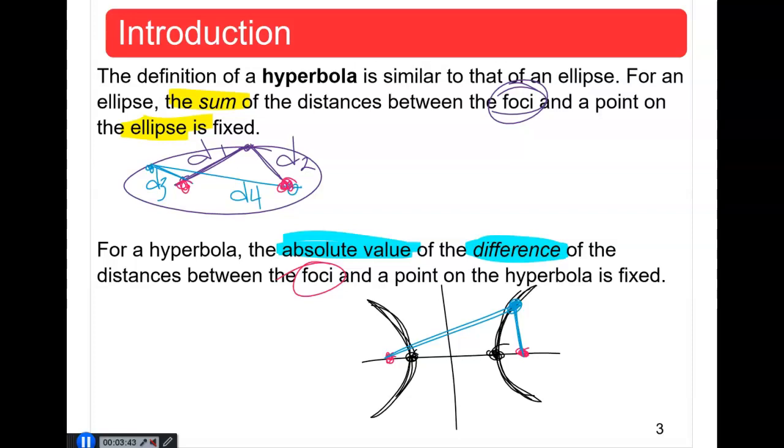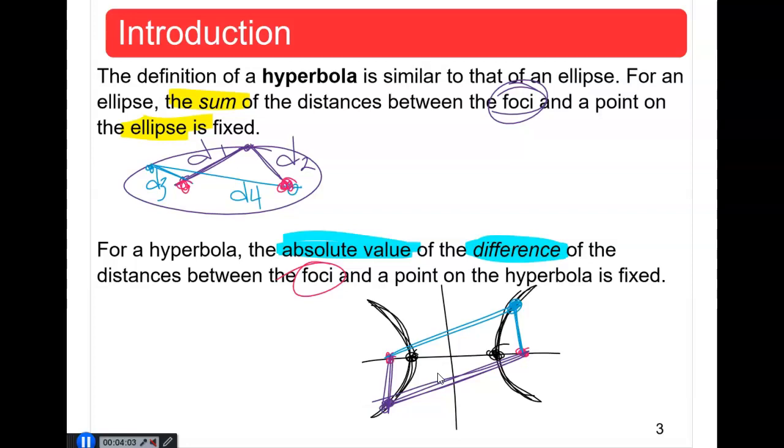For example, if I was to pick a point here on the hyperbola, and calculate the distance from the focus to the point, and from the point to the other focus, then those two differences will be constant.